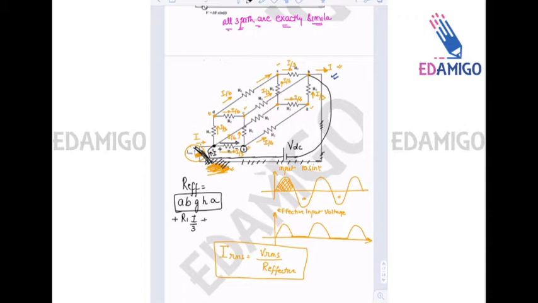Then from B to G is R2 multiplied by I by 6. Then from G to H is I by 3 multiplied by R3. Then from H to A, I am entering this DC voltage from negative. So minus VDC is equal to 0.